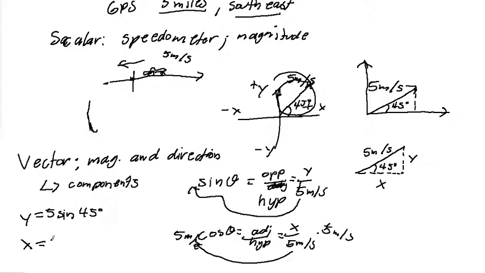Some algebra right there. So now here I have 5 meters per second cosine 45. And now those are my vector components. The y is 5 sine 45 for this specific case, and the x is 5 cosine 45.